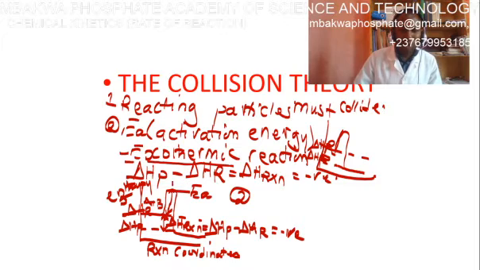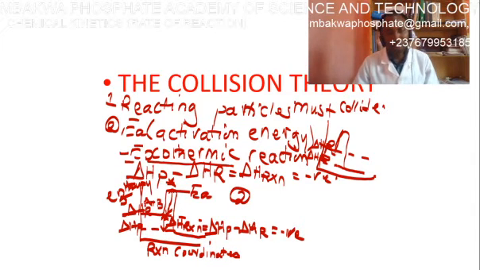This will lead to what we call the intermediate complex. A complex will be formed at the peak of this energy diagram, which can fall back to reactants or fall back to product. You can check my next video specifically on the activated complex and the formation of product.